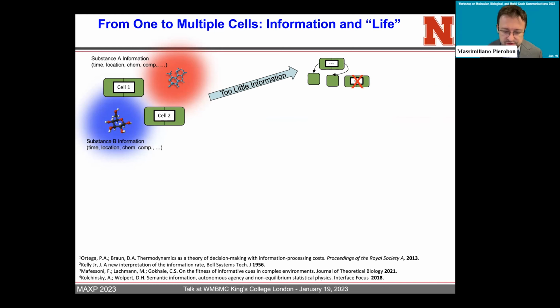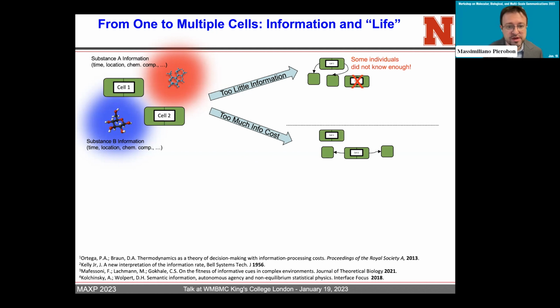If those cells have to move by chemotaxis, so they have to sense the substances and somehow reach the substance as it is needed, if I have too little information, a cell will not be able to know where the substance exactly is and will perish. So some individuals would not know enough.